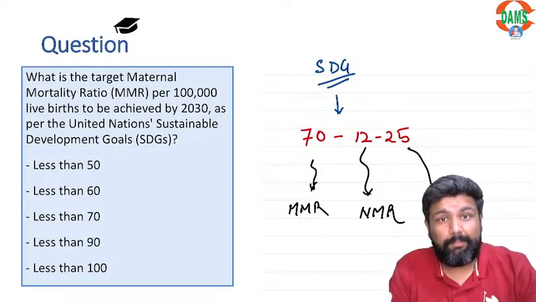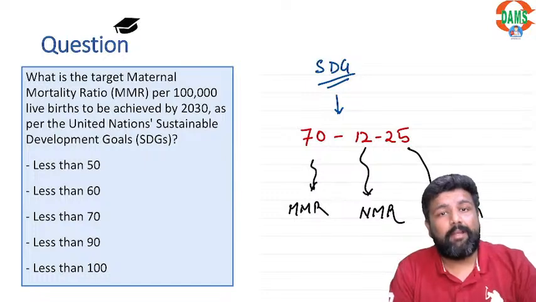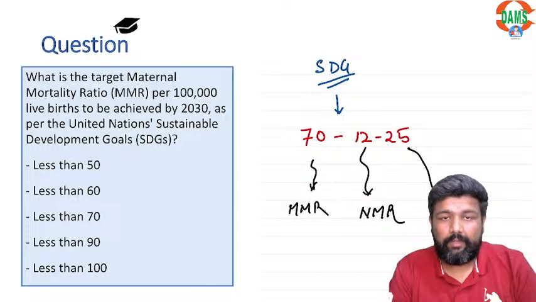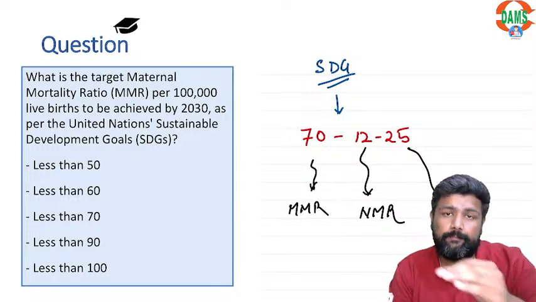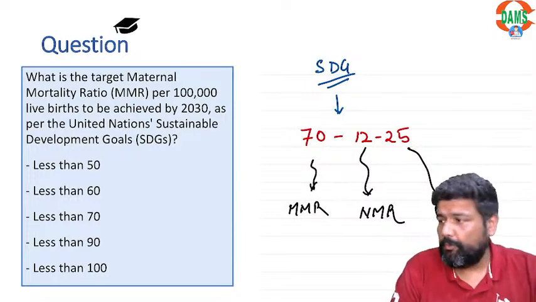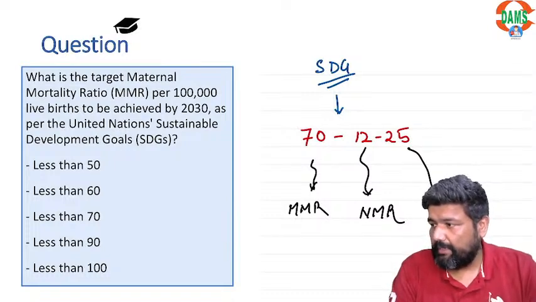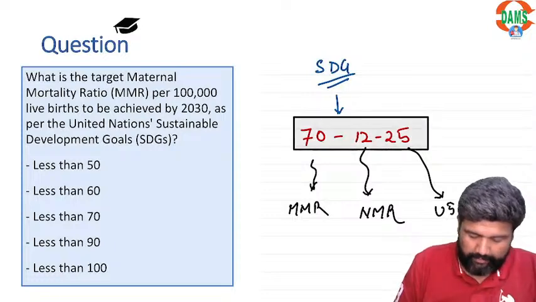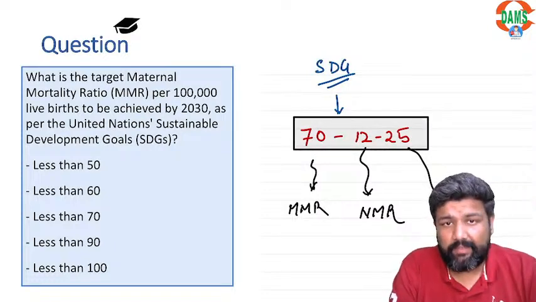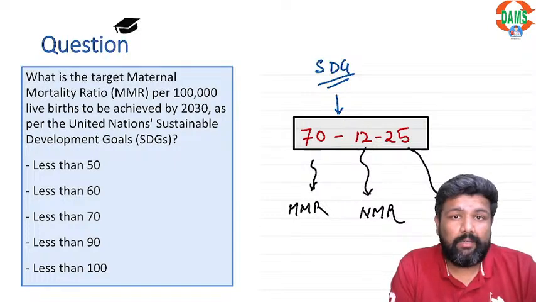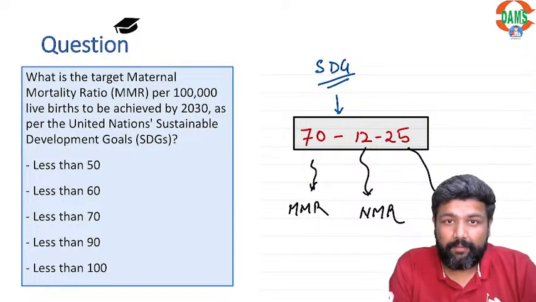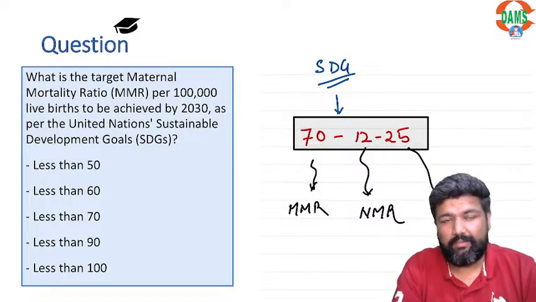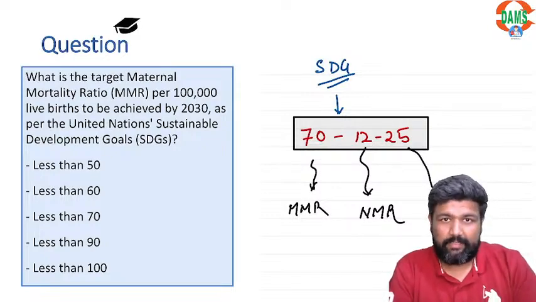According to SDG, by 2030 we have to decrease MMR to 70 per 1 lakh, neonatal mortality to 12, and under 5 mortality to 25. It is a magical number, 701225, and easy, just as we learn a 10-digit phone number because of the rhyming.